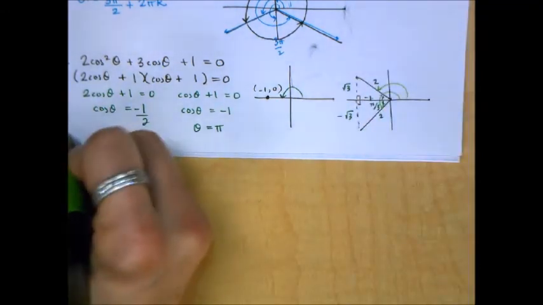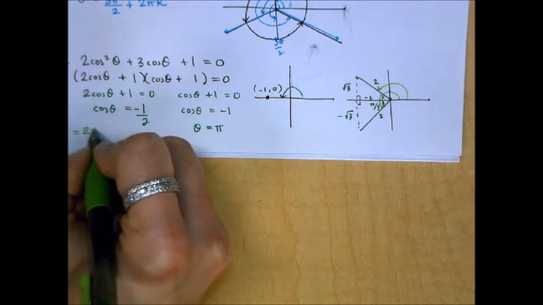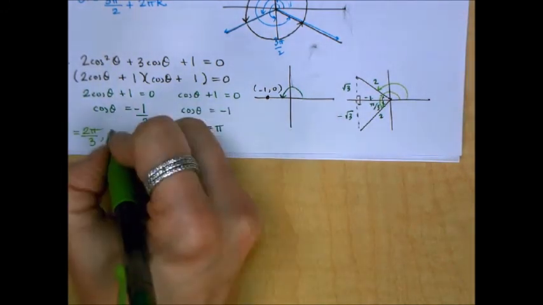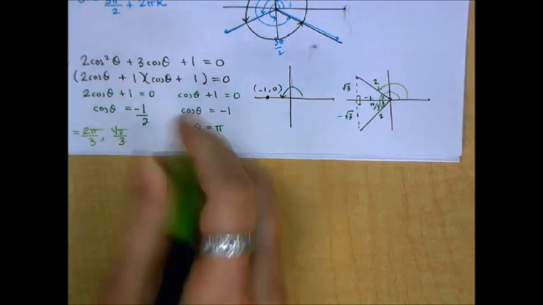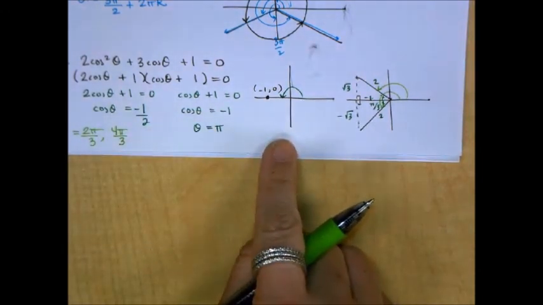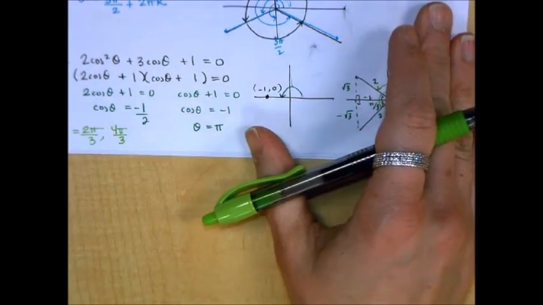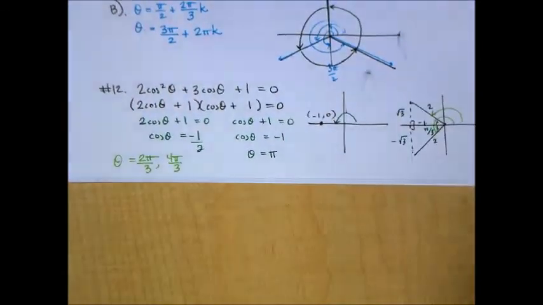So it's the pi over 3 angle in quadrant 2 and the pi over 3 angle in quadrant 3. So these are my 3 answers. We don't have to worry about writing infinite solutions for this one. So we'll just be done with our 3 angles for part A.